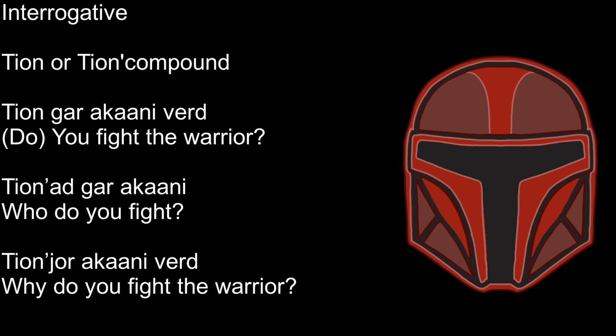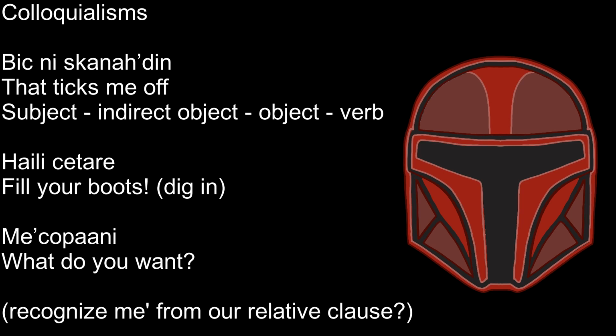One final thing I want to mention in all of this is that this is what is somewhat standard. But standardness doesn't really matter in colloquial speech, which is why in some common phrases, the word order might not match the sentences. For example, biknis kanadin, which is subject, indirect object, object, verb, which just looks weird.